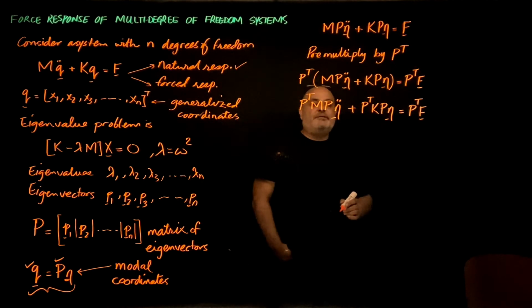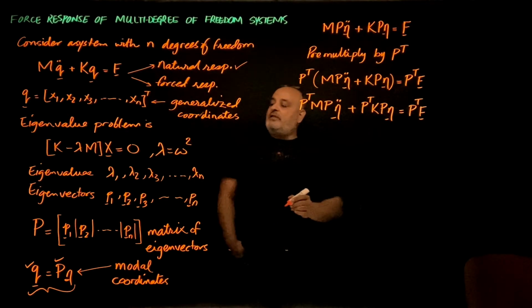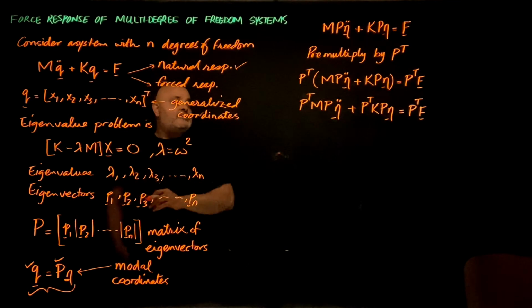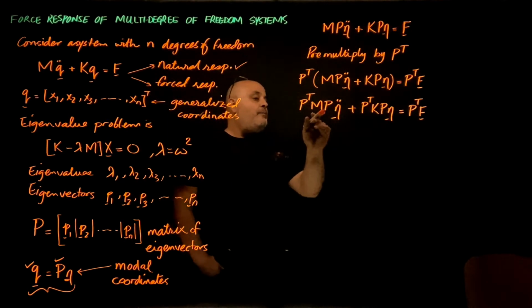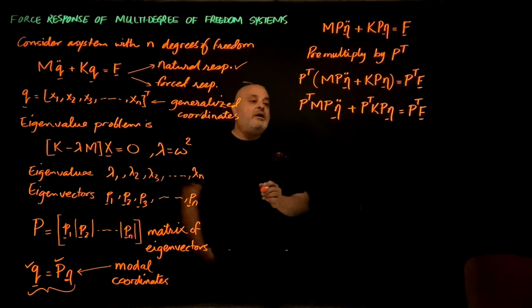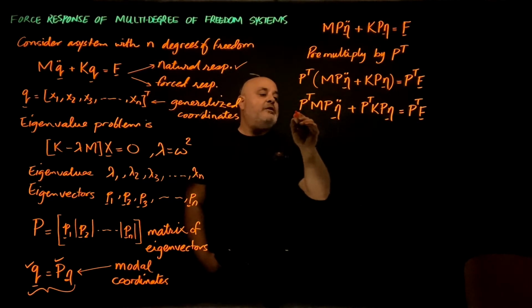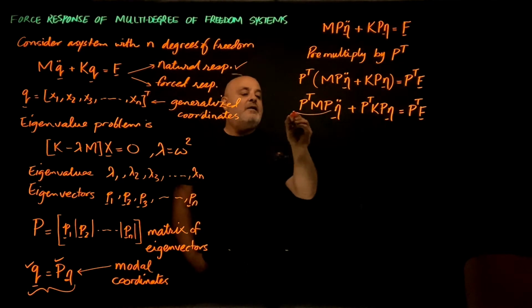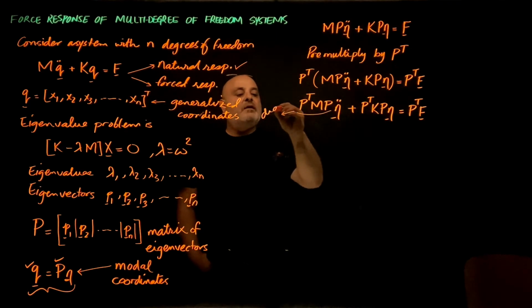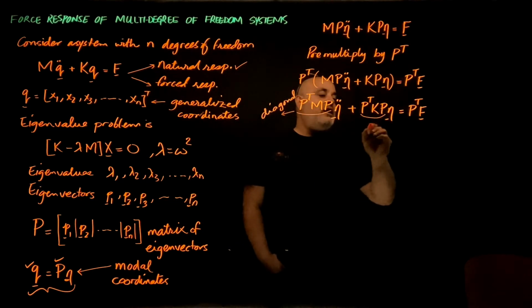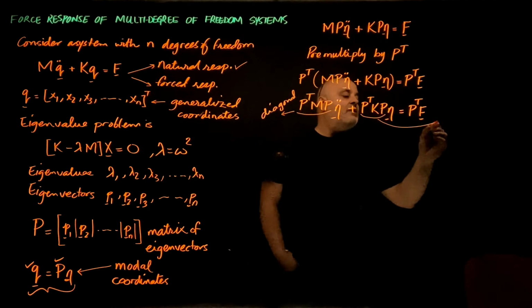What do we have here? Recall that the eigenvectors are orthogonal with respect to the system matrices. P transpose MP, this will be a diagonal matrix. This matrix will be diagonal. And also, P transpose KP will also be diagonal.